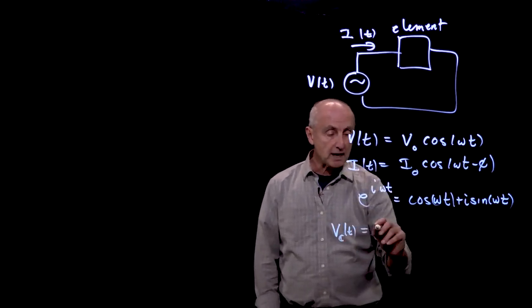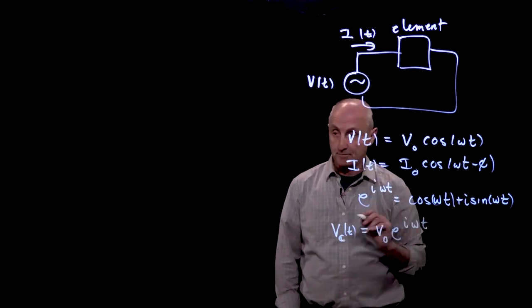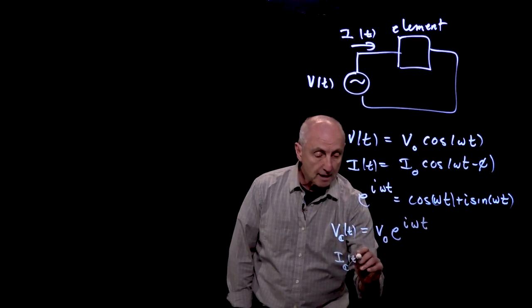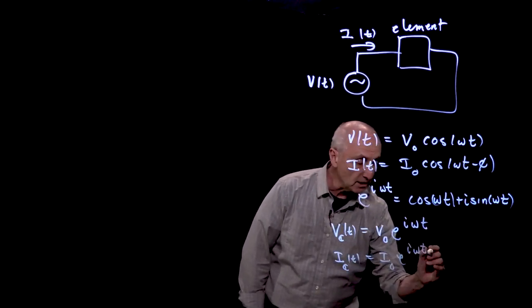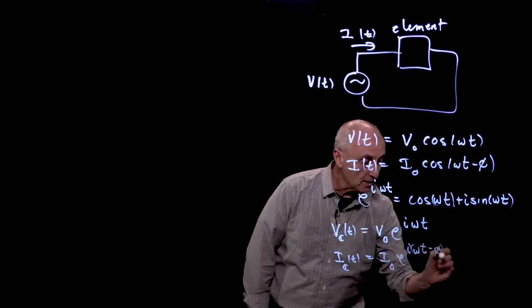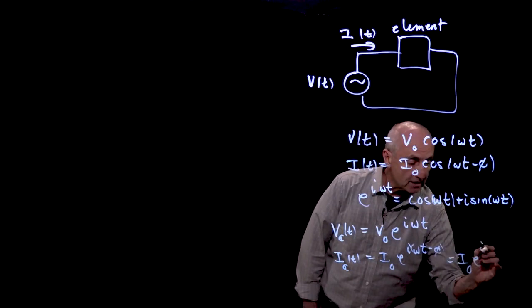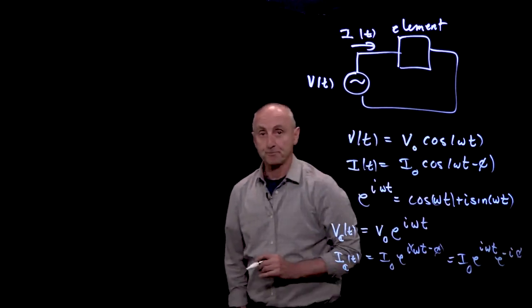It's an amplitude times e to the i omega t. And we'll write our complex current as I naught e to the i (omega t minus phi). Now remember, this is equivalent to I naught e to the i omega t times e to the minus i phi.